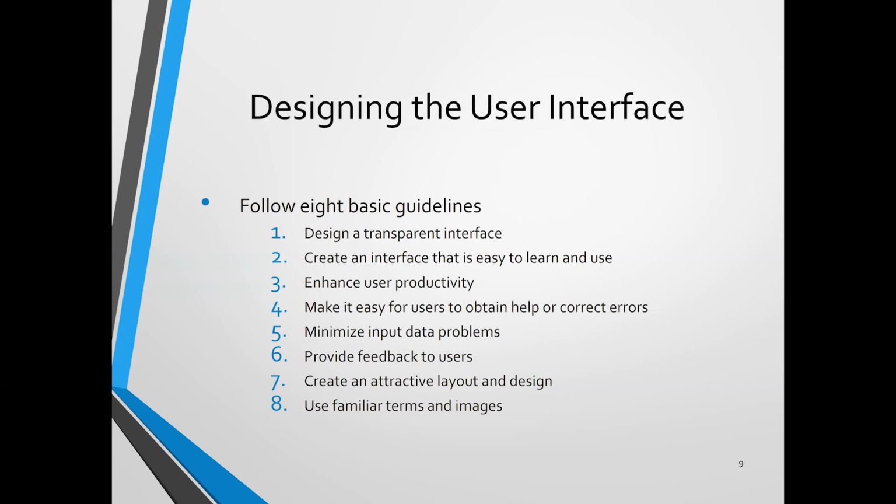Now for guideline number 5, try to minimize input data problems. You can see that in here there are some examples of how people try to minimize input data problems.